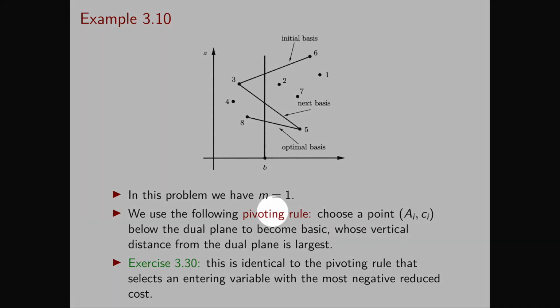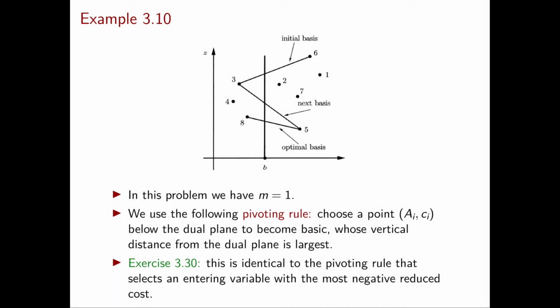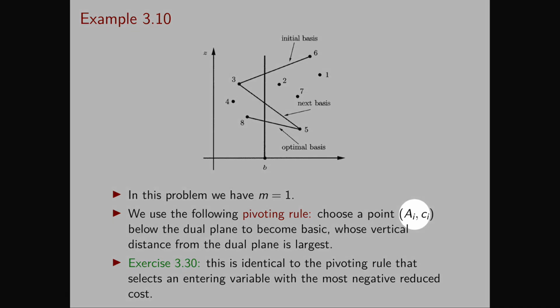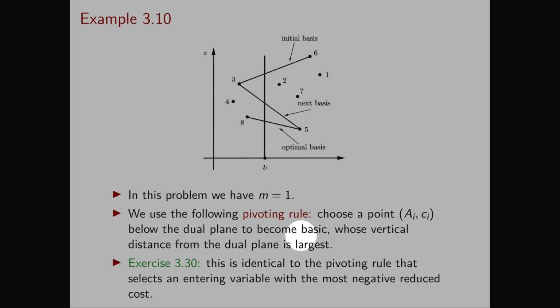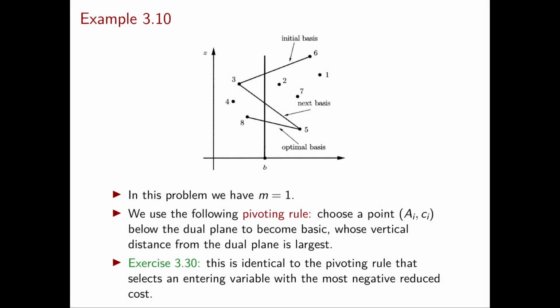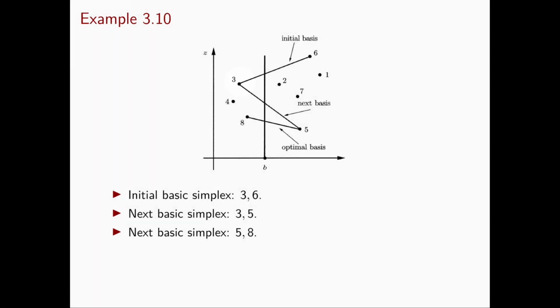We're going to use the pivoting rule that chooses the variable with the smallest possible reduced cost. We've seen that geometrically this means that we choose a point A_i, C_i to become basic if it is below the dual plane and with vertical distance from the dual plane that is the largest. So now from our initial basis we need to compute all these vertical distances.